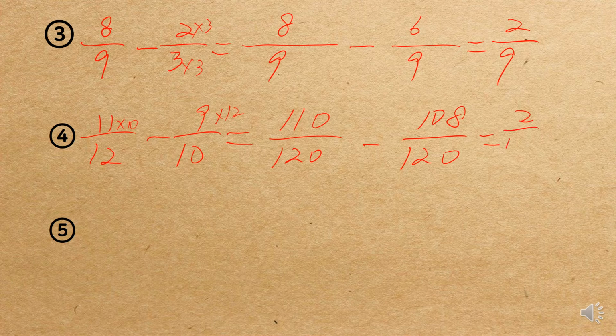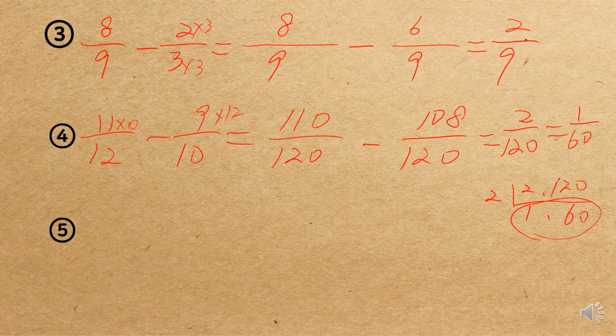So 2 over 120. Also 2 and 120, the first common factor is 2, giving 1 over 60. So 1 is the numerator, 60 is the denominator.